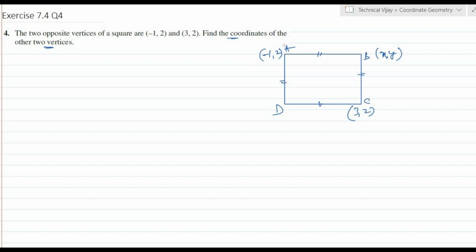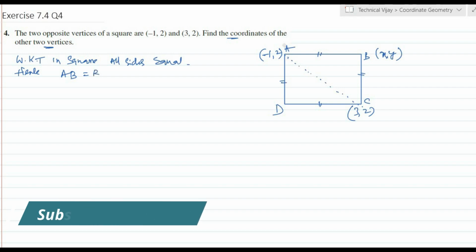Now what we have to do: we know only these two, but we don't know anything else. The diagonal we can also calculate, but we will see that afterwards. First this side is equal to this side, so AB is equal to BC, because in a square all sides are equal.